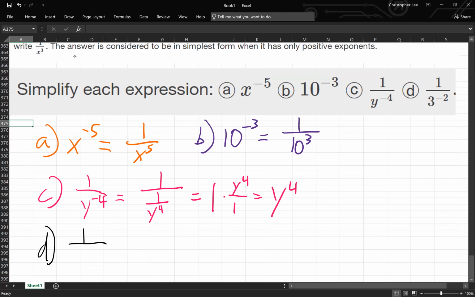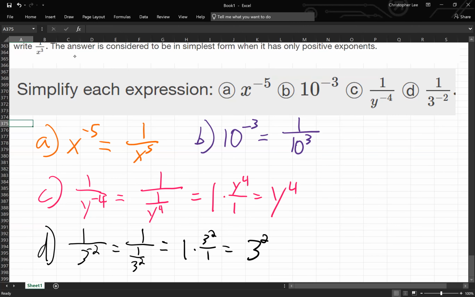Last one, let me look at D. I have 1 over 3 to the negative 2 power, right? Let's call that 1 over 3 to the second. Keep, change, flip. This becomes 1 times 3 to the second over 1. Call that just plain old 3 to the second.